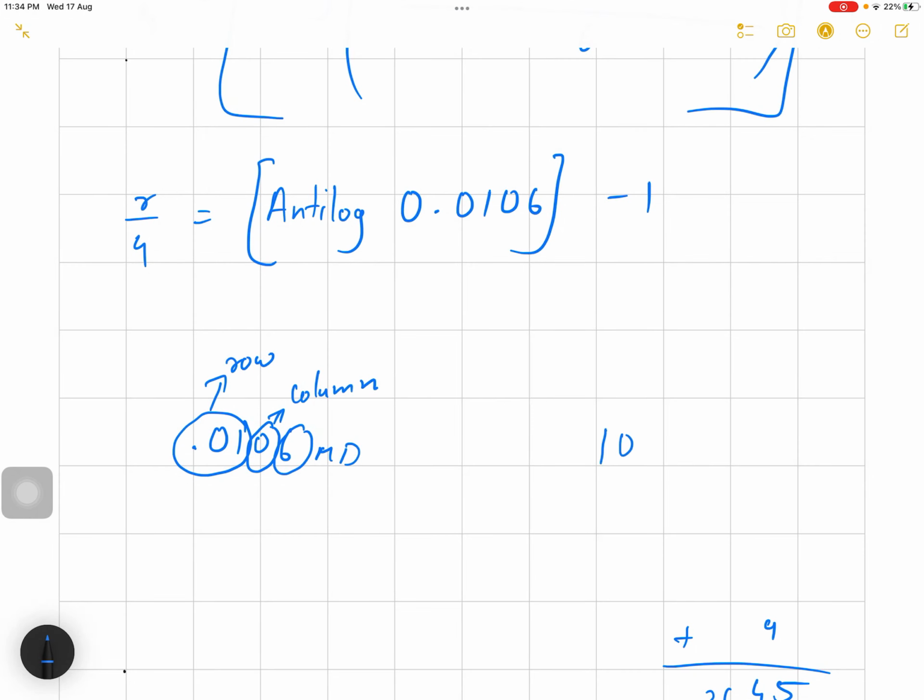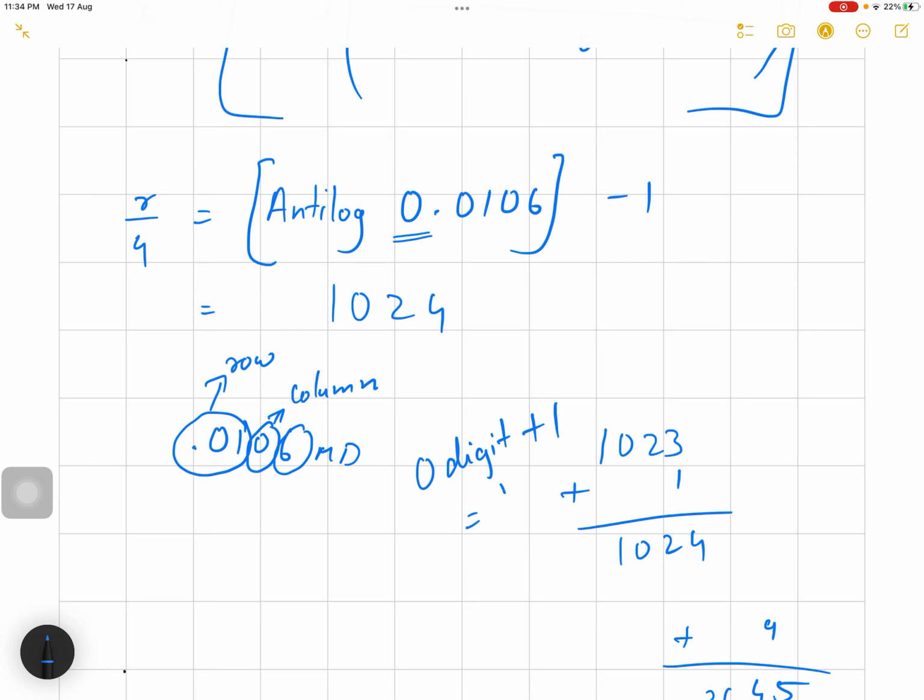So 1023, and mean difference 6 was 1, so you have to add, so 1024 it becomes. So anti-log 1024. Before the decimal there are no digits, 0 digit, right? So 0 digit plus 1, so it comes to 1.